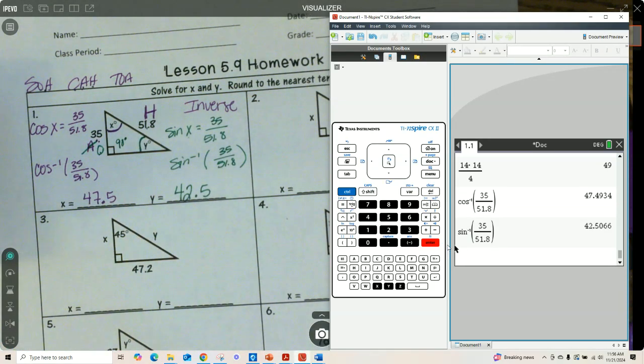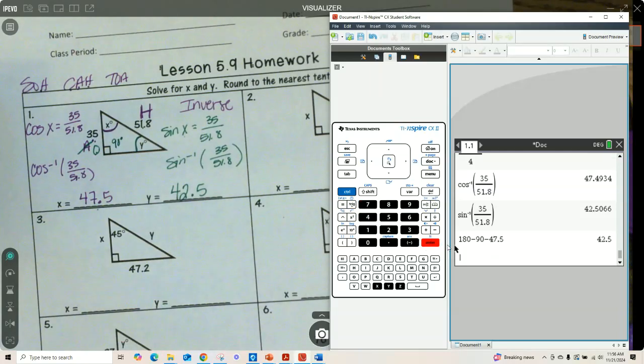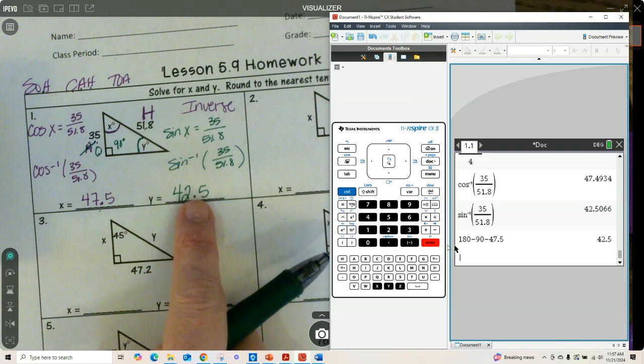They add up to 180. So I could do minus 90, and then that first angle I find gives me my second answer. It's not always 100% accurate. Sometimes it's off by a little bit, a couple digits, but it's a hack for the angles. And it's a hack for the angles only.